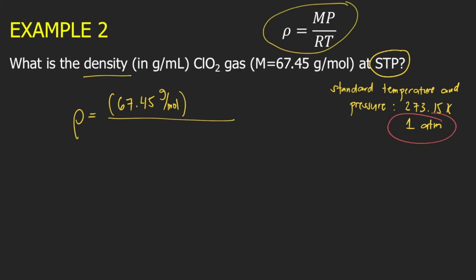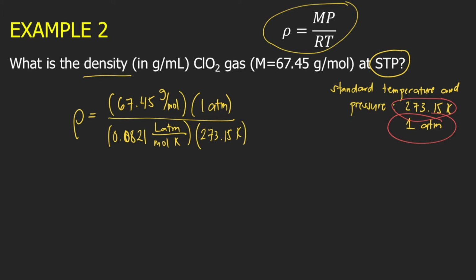So the pressure is 1 atm divided by R, 0.0821 liter atmosphere per mole Kelvin. And our temperature is the standard temperature, 273.15 Kelvin.